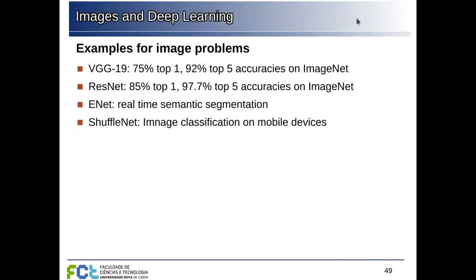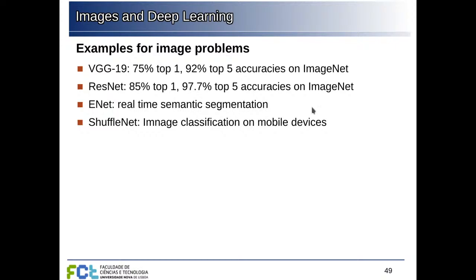And then we have different ones. These ones you can easily use yourself. You can download and use the networks. For example, VGG19 is available in Keras, and this one 75% of the time gives you the actual real class of the image on top for this ImageNet database, and 92% of the time in the top 5.